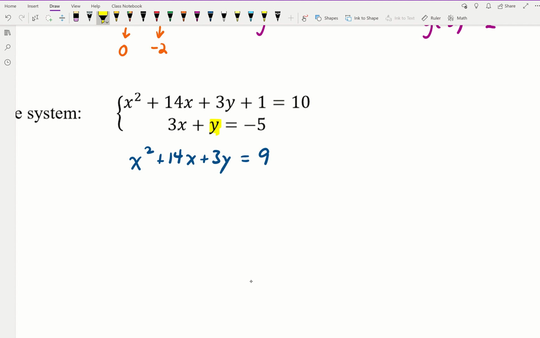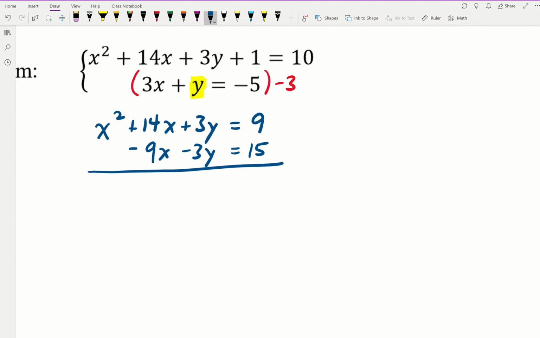And if this equation has positive 3y, then I need to make this a negative 3y. So I'm going to multiply this equation by negative 3. And when I do that, I've got negative 9x minus 3y equals 15.